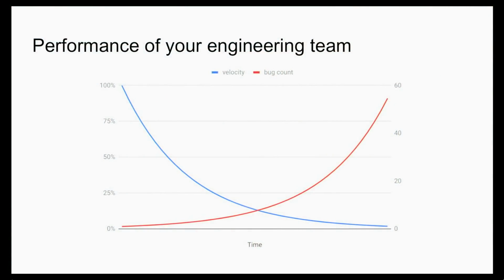So in the end, this is, according to me, the natural evolution of the performance of an engineering team over time. At first, everything's perfect, everything's new, you're going fast, you have no bugs, probably because you have no users. But yeah, it's still perfect.